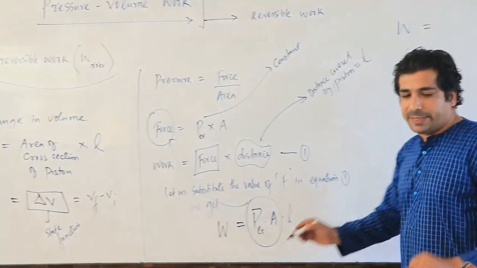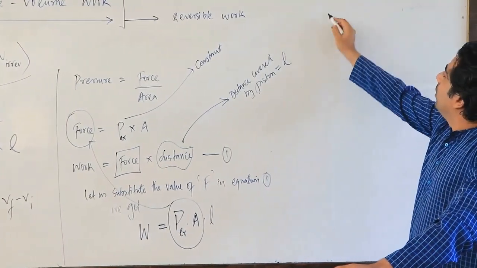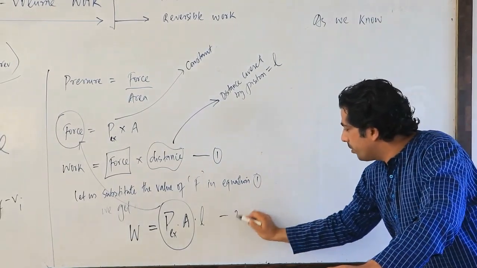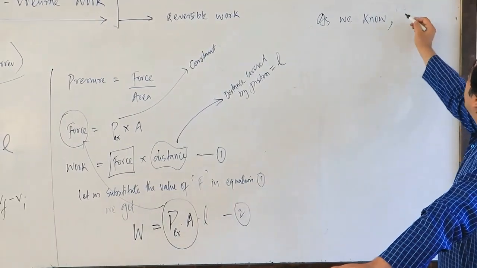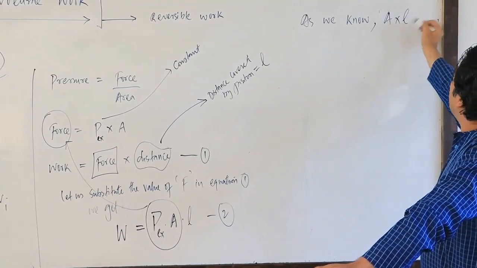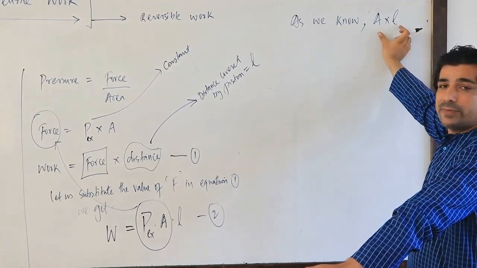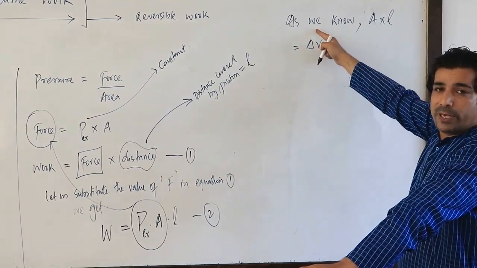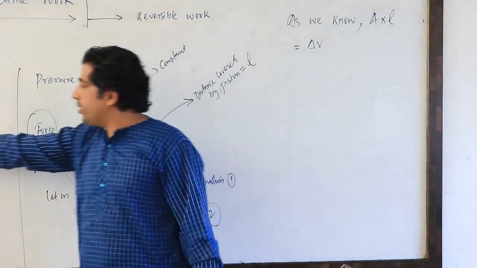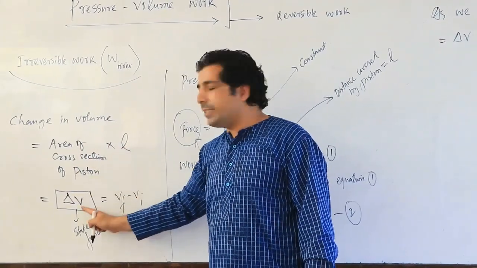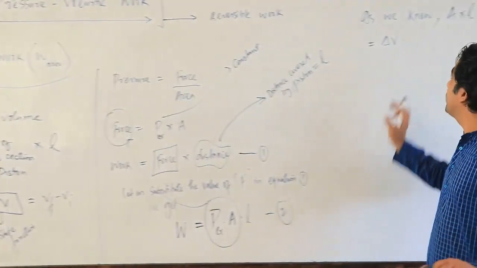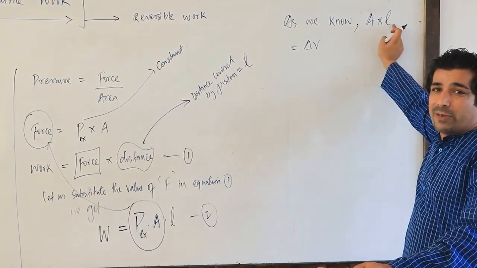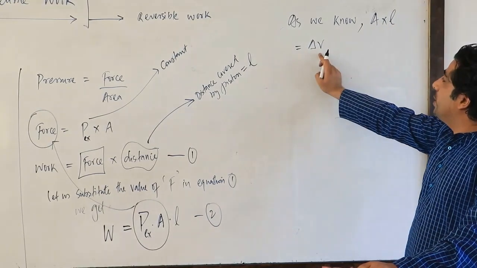So my dear friends, as we know, let's call it as equation number 2 here. As we know that area of cross section multiplied by the distance covered by the piston is equal to delta V. We know this particular thing right from the beginning itself. Change in volume is area into length, that is delta V. So area of cross section of piston multiplied by the distance covered by the piston is equal to delta V.